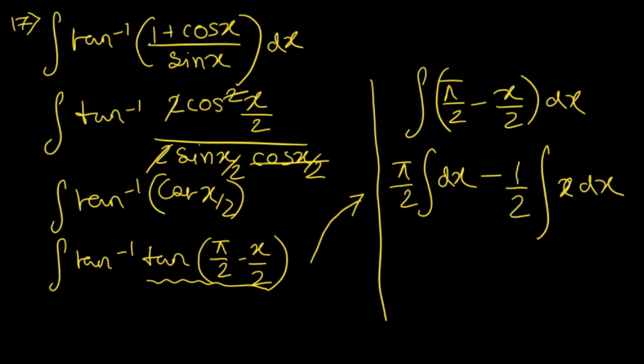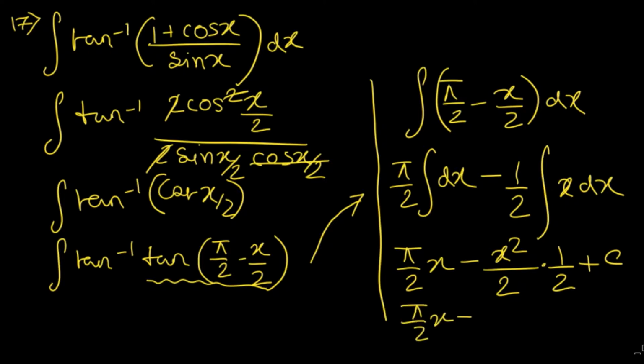So pi by 2 dx integration gives pi by 2 x minus, this is the integration of x, so the power is raised by 1 and divided by the new power, x to the power 2 by 2 in the denominator, so 1 by 2 into x square by 2 plus c. So pi by 2 x minus x square by 4 plus c. So this is the answer.